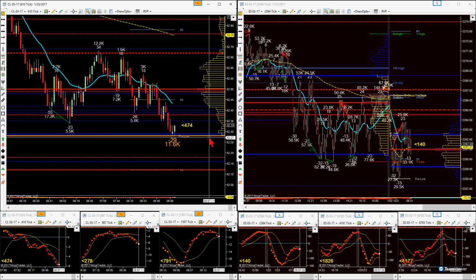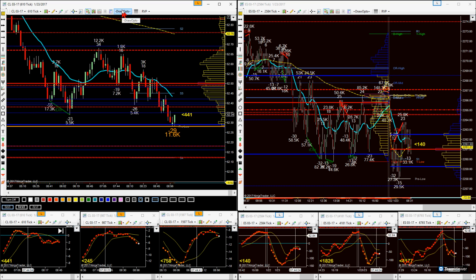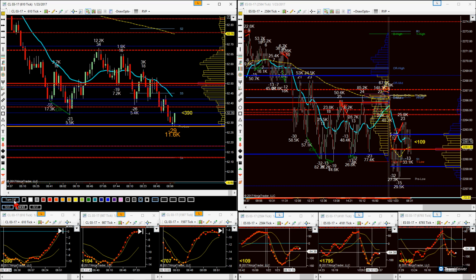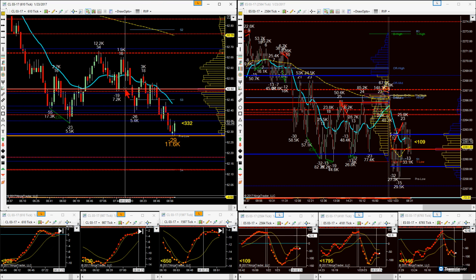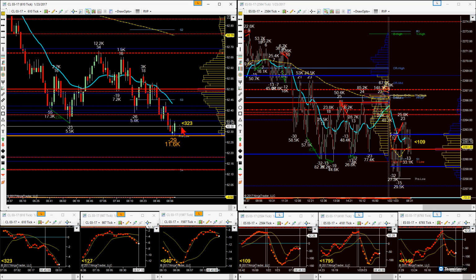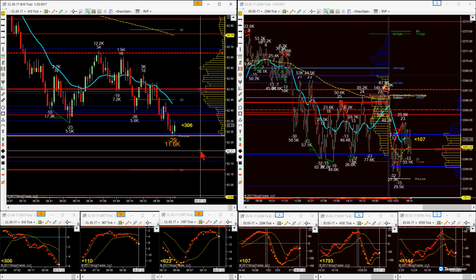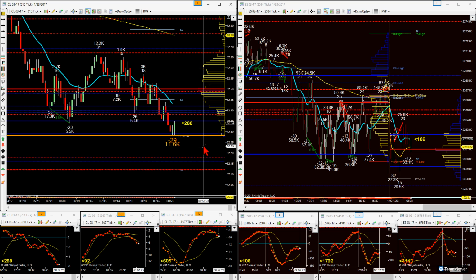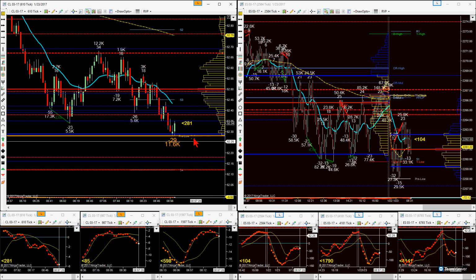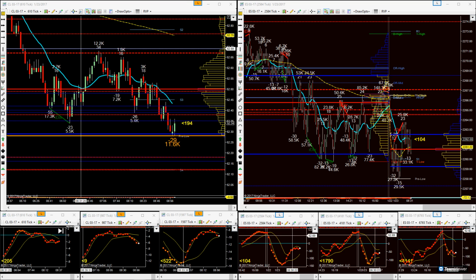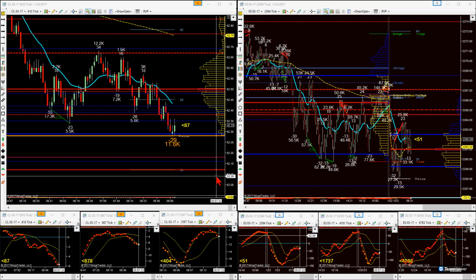We expect some type of correction, and we expect it to be fairly quick. And if we're coming towards price points that look like they can potentially act as support, we would be willing to potentially take a trade.